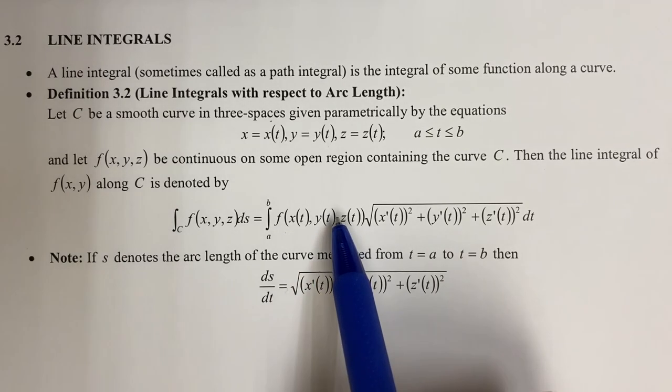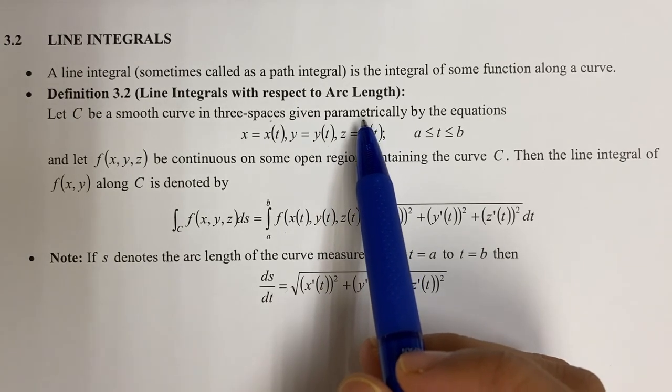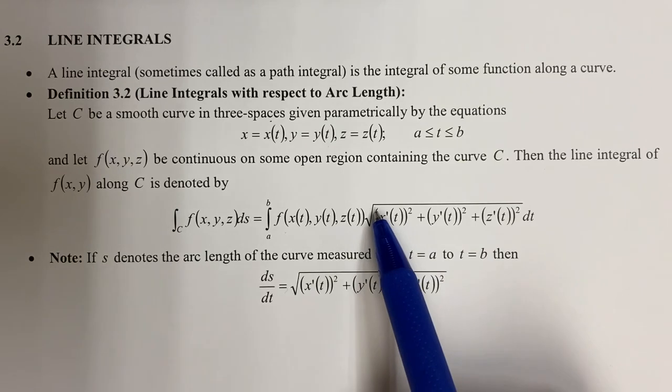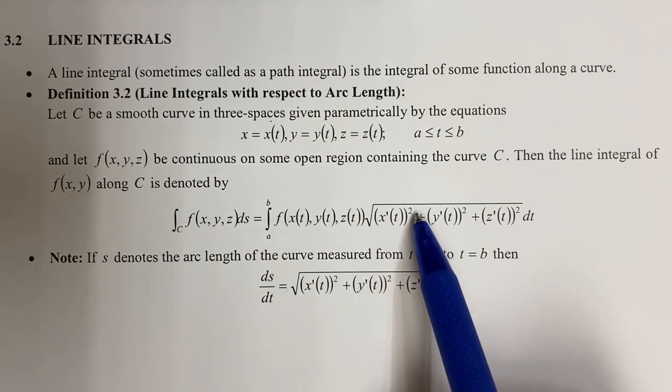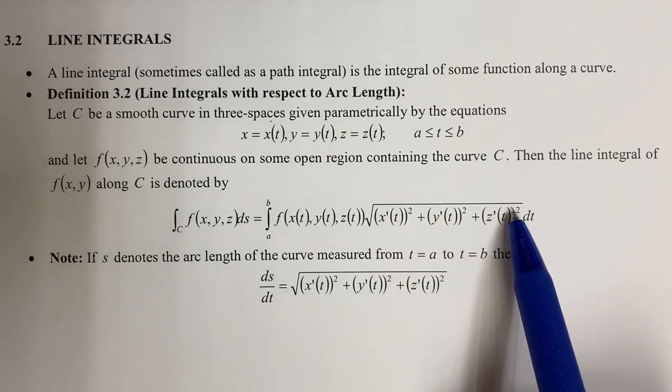So you need to know the parametric equation for each of x, y, and z, and then you need to multiply with the square root of x prime squared plus y prime squared plus z prime squared.